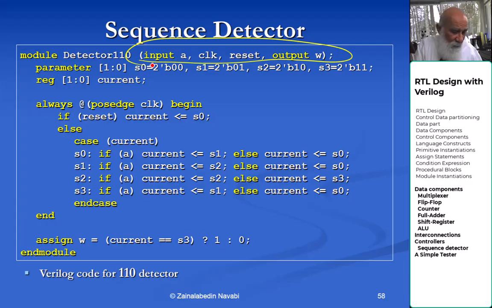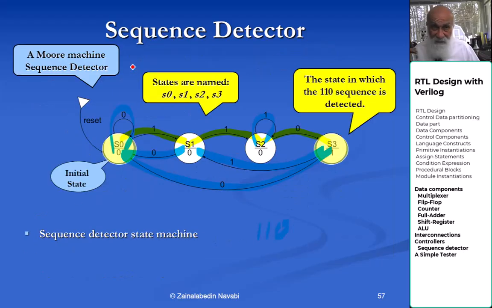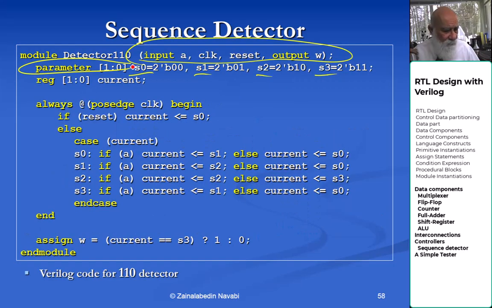Then I declare parameters. Instead of saying 0, 1, 2, 3, I like to say S0, S1, S2, S3, or give states names. And therefore I use a 2-bit parameter that can give me 4 names for 4 of my states. Then I need something to hold the current state of my machine, and I declare a reg [1:0] current.